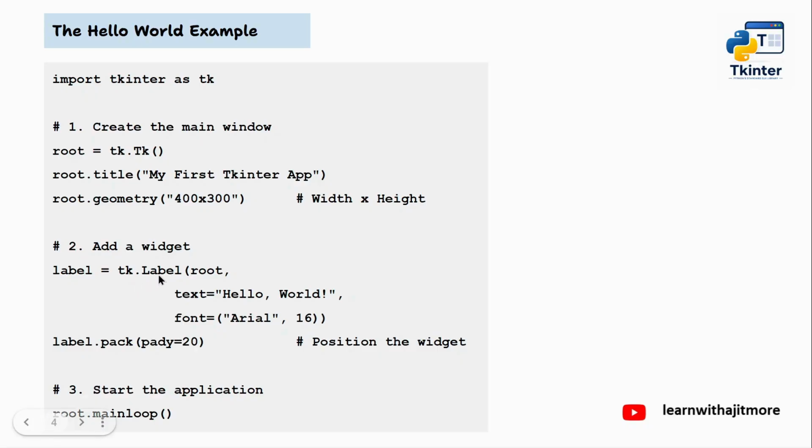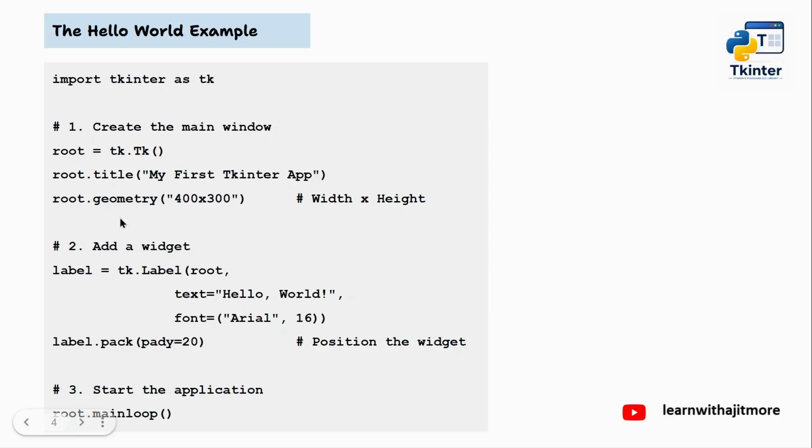Okay, so tk.label, you just pass the reference of the main window. This is your main window. You have to pass the reference of the main window so that automatically this label will be added in that window. Whenever you create a widget, you have to give the parent of that widget.